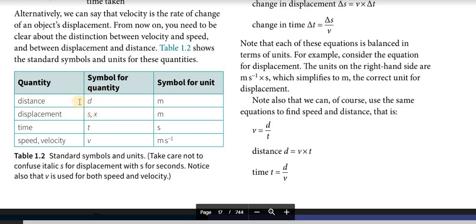For distance, we can use D, and the unit is meters. For displacement, some textbooks use S, some textbooks use X. So both X and S are used for displacement. For time, we always use simple T. For velocity and speed, we use simple V. And here are the SI units.